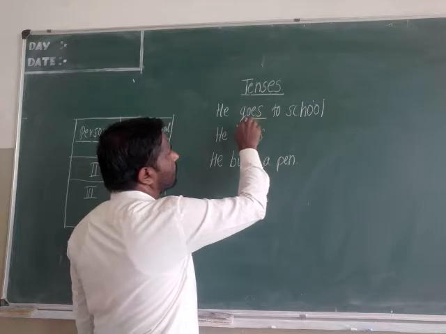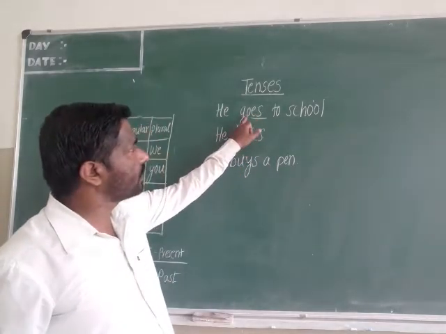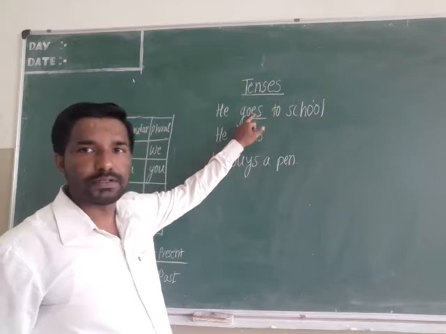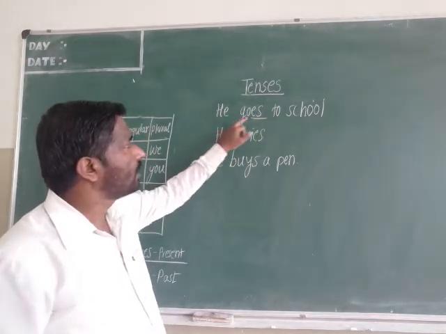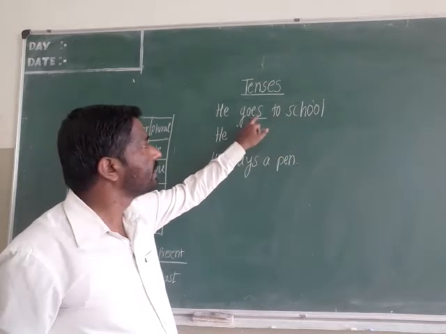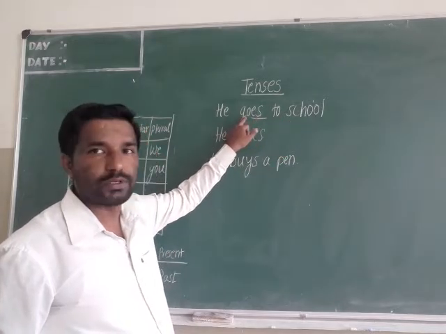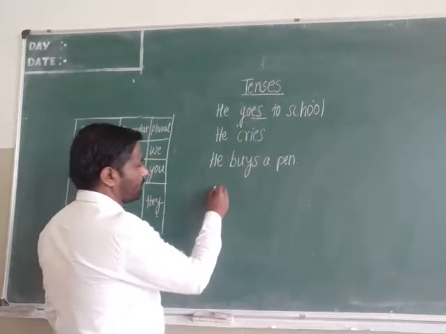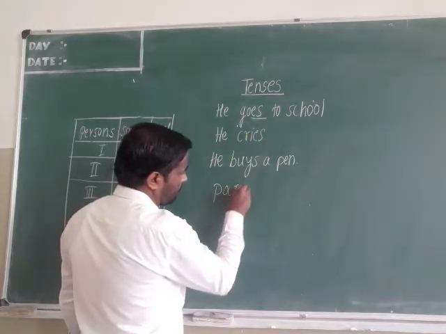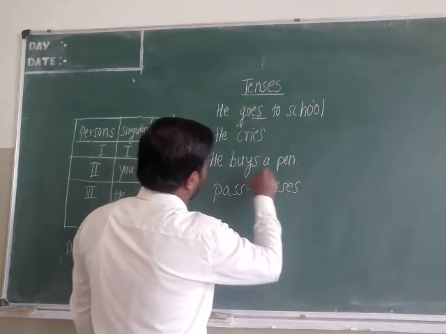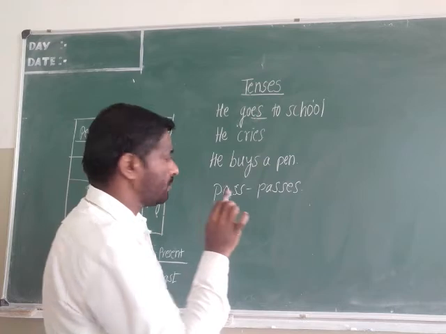See here. Go is there, it ended with the O. You have to add what? ES. For example, he goes to school. You added what? ES for the verb. The verb ended with O. Like that, for example, pass. If it is there, you have to use what? Passes. When he, she, it comes, you have to use like this.